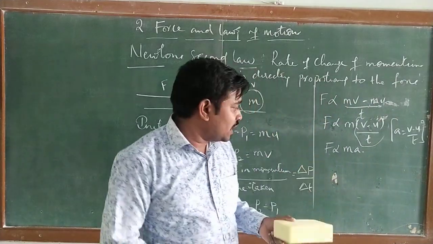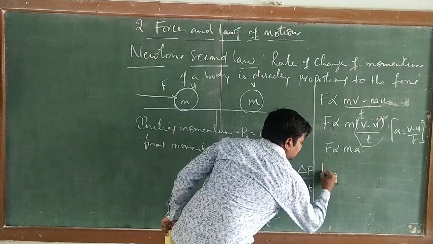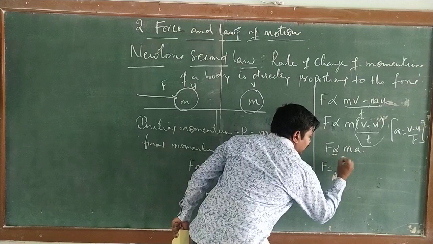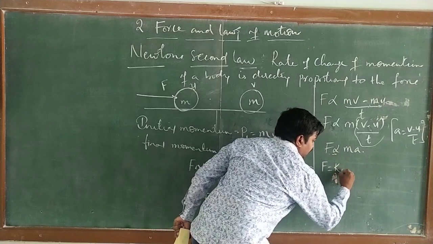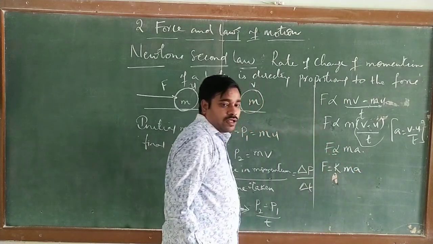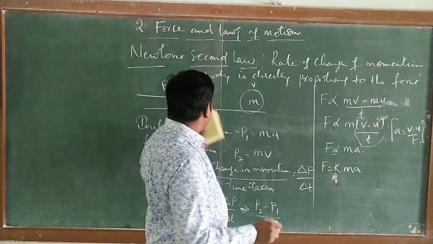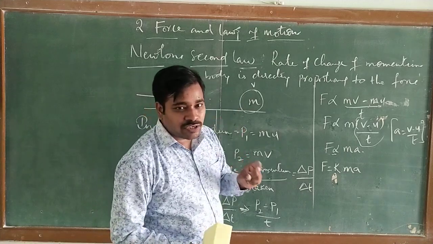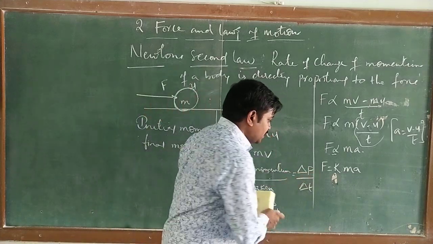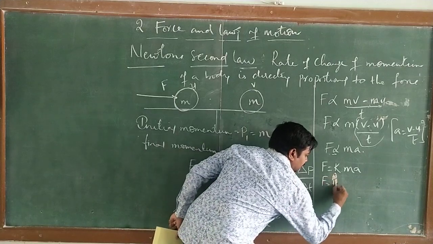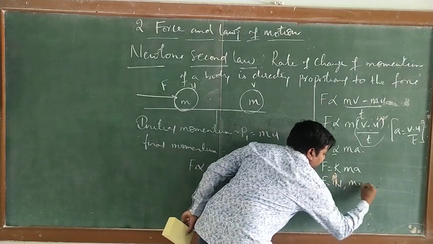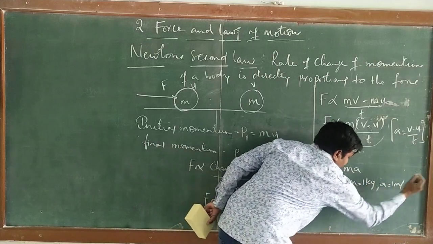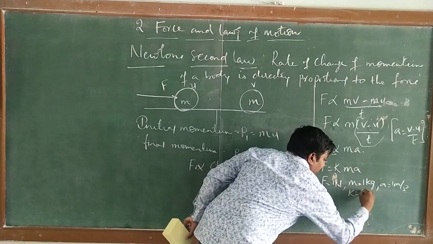To remove this proportionality, we are going to use a constant k in its place: F equals k into ma. For example, the force applied on the body is 1 Newton, and you already know the SI unit of force is 1 Newton. If F is 1 Newton, m is 1 kg, and acceleration is 1 meter per second square, then k is equal to 1.